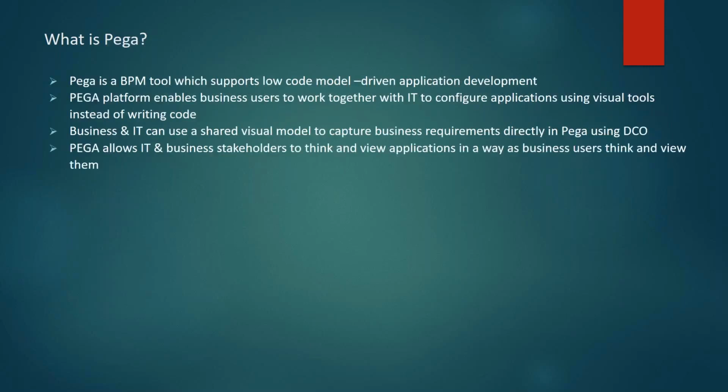So now, moving into Pega. Pega is a BPM tool which supports low-code, model-driven application development, as I mentioned earlier also. The Pega platform enables business users to work together with IT to configure applications, because this Pega platform works on the workflow model, and it's more of a visual-driven tool, where users can do a lot of things with guided wizards, or a wizard-based model.